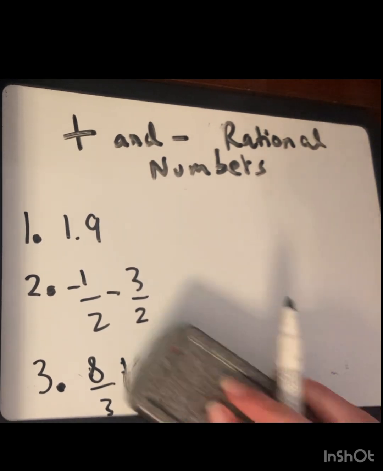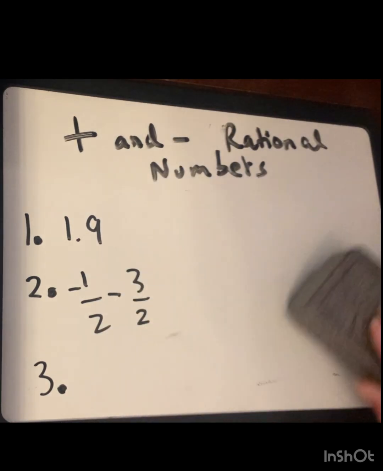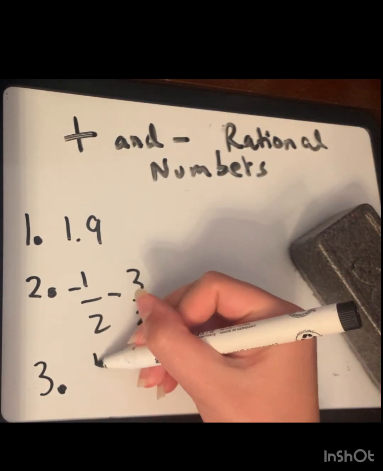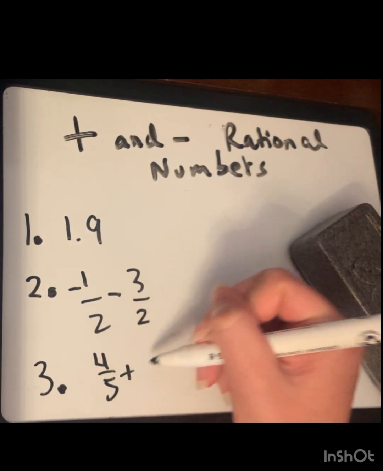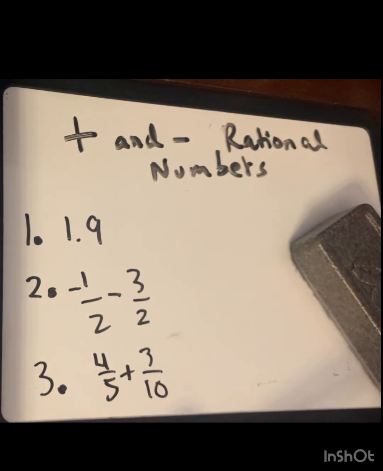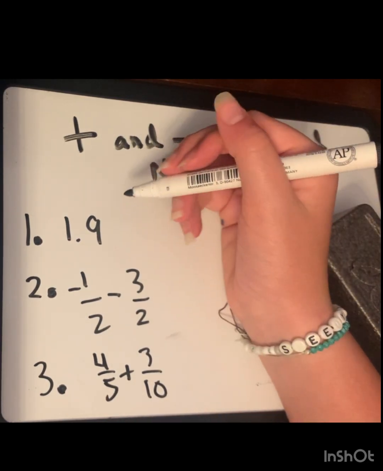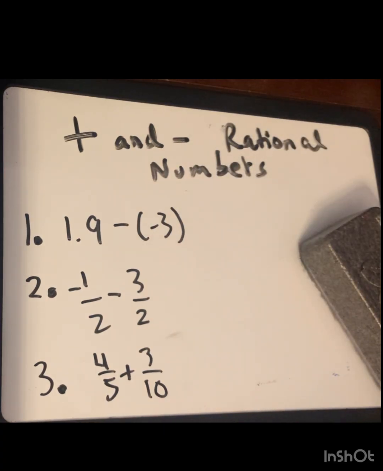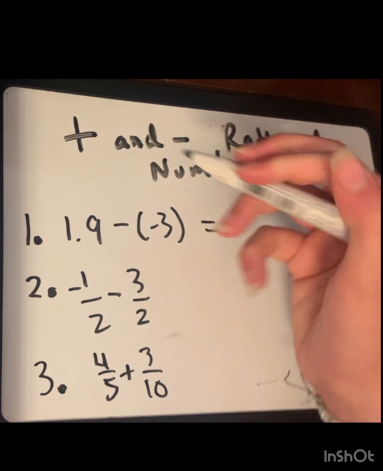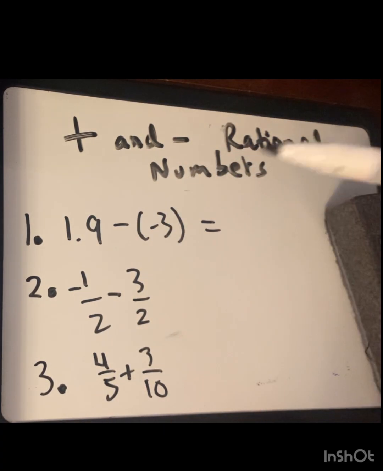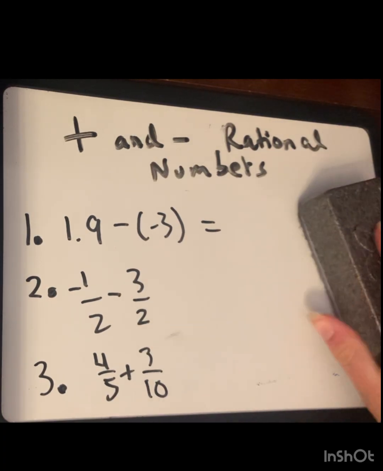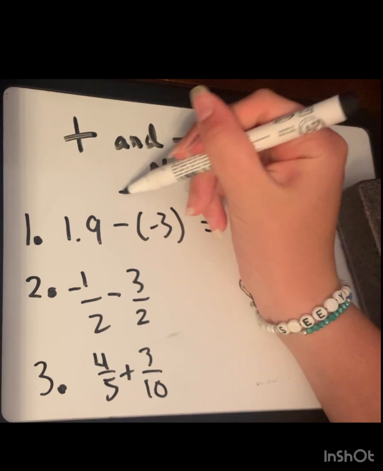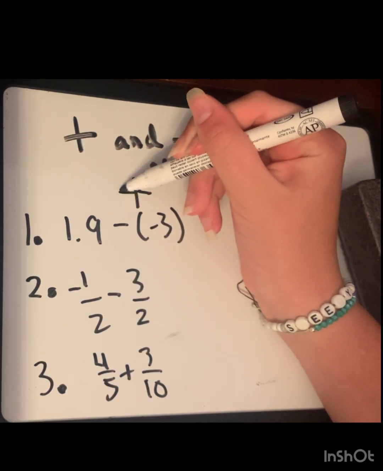Actually, no. I'm going to change this one because these have the same denominator. So 4/5 plus 3/10. Okay. This is going to be easy. Now, don't forget, you can use a calculator. So in the calculator, you put 1.9 minus, and then parentheses. Well, know this. When you see minus signs next to each other, that will always become a plus.